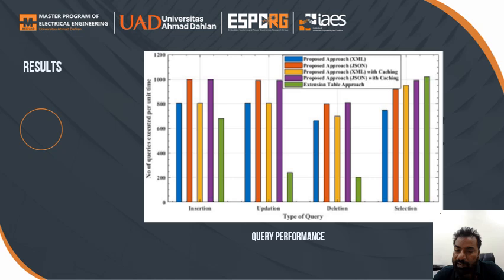But for selection, the performance is a bit lower in the proposed approach using XML JSON, and when we use caching, the approach improves. It tends to match the state-of-the-art approach, but is still a bit less because parsing of the XML file is involved. But when the parsed XML file is used with caching, we get a little more advantage.